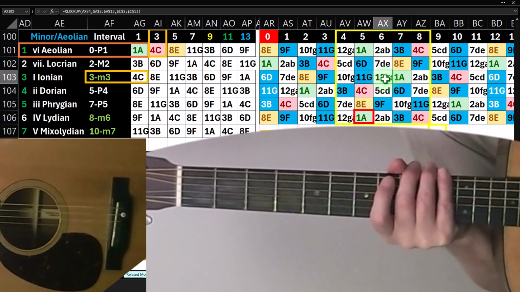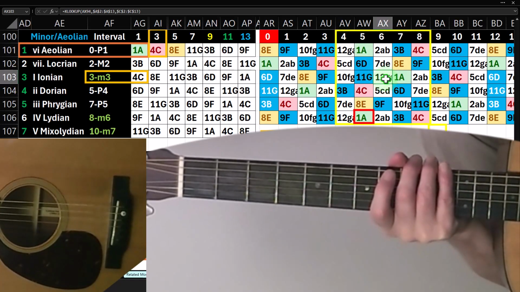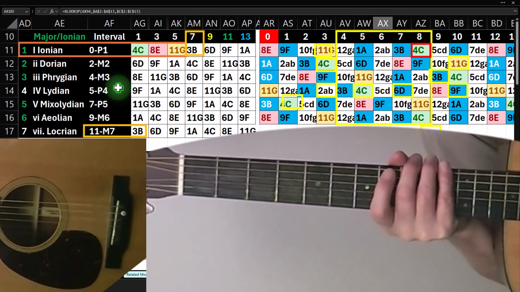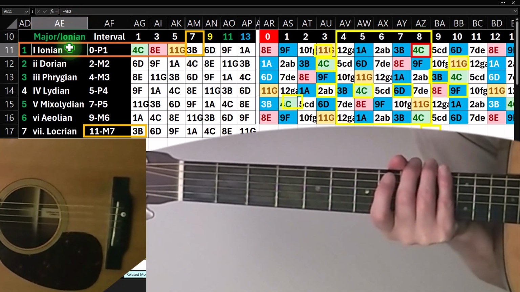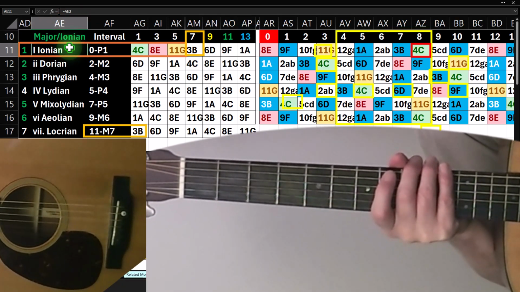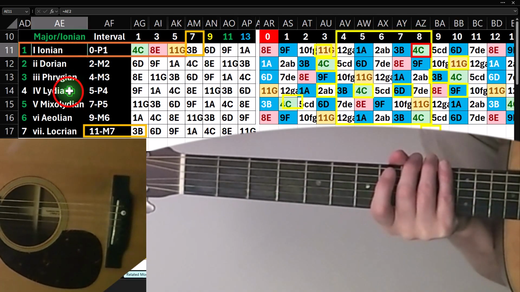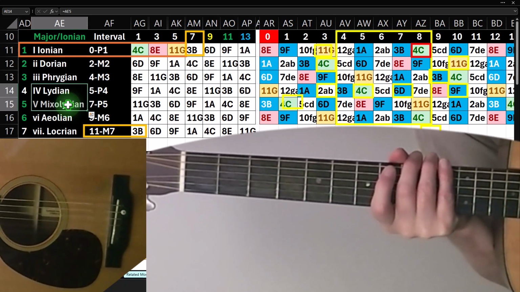So I want to apply that same concept a little bit more on the minor scales now that we're on them. So remember the general rule. If I go up top here, normally the major scale is just the Ionian mode from a modal structure, and then we can compare all of the other major scales to it, that being the Lydian and the Mixolydian. They only have one interval difference.